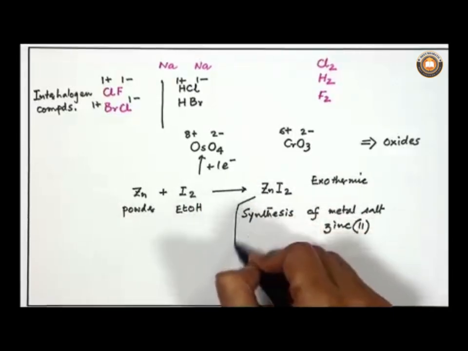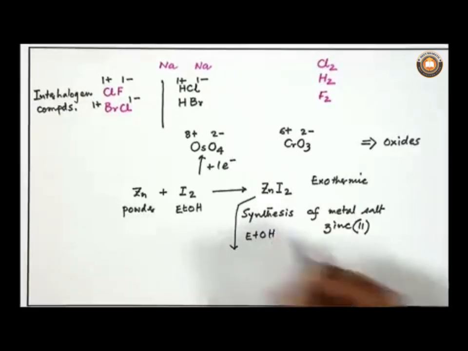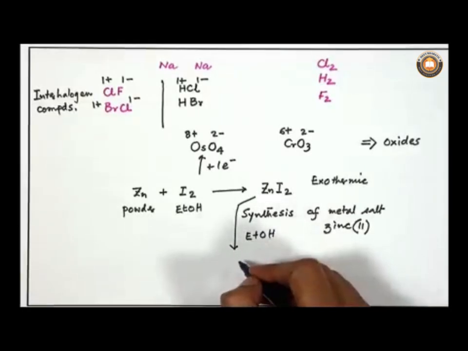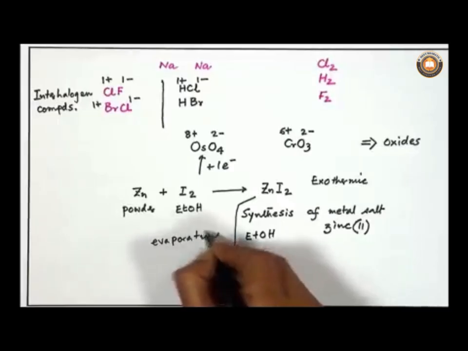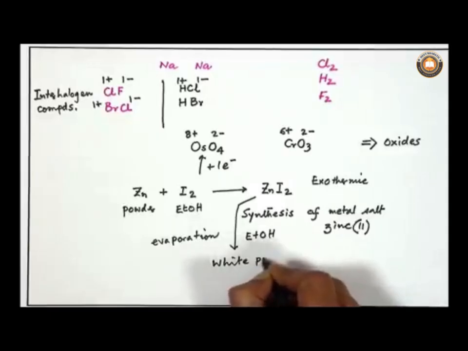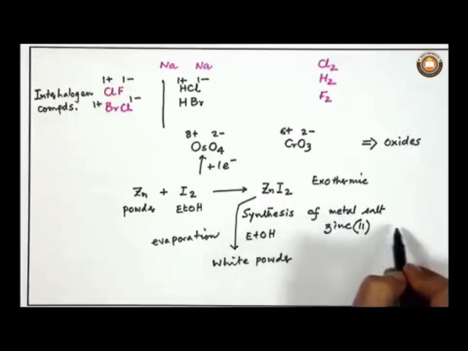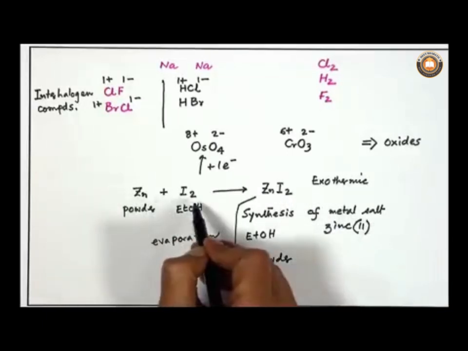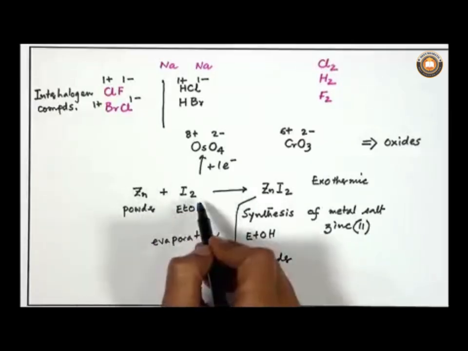If we evaporate this ethanol solution, evaporation will give rise to a white powder. So, we get a typical metal salt from the direct reaction of zinc and iodine, and it is a typical example of a redox reaction.